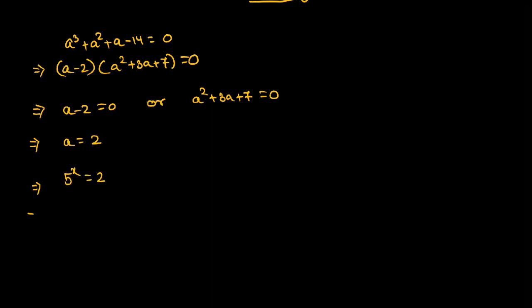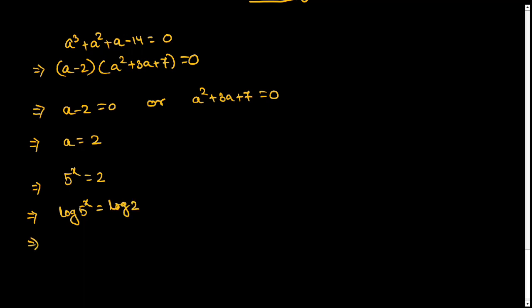To solve this equation, we will put log in both the sides. So we can write log 5 to the power x is equal to log 2, and as we know a formula, log a to the power b is equal to b log a.